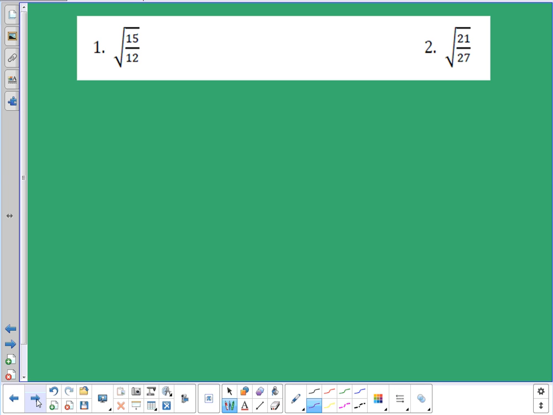Let's just take a look at number 1 and see if we can simplify this. So the square root of 15 over 12, if I reduce it, is the same thing as the square root of 5 over 4. All I did there was take out the common factor of 3. Well, that's the same thing also as the square root of 5 divided by the square root of 4.